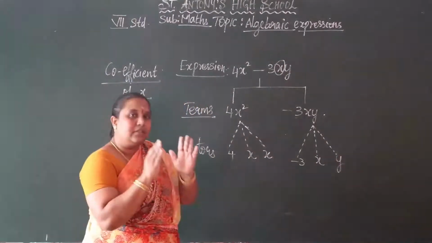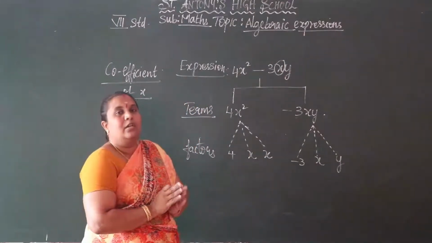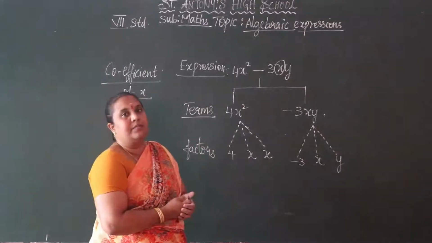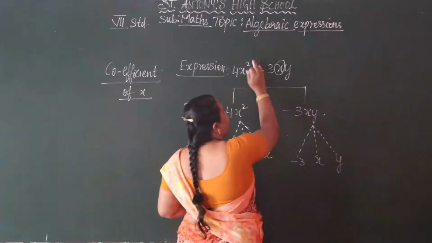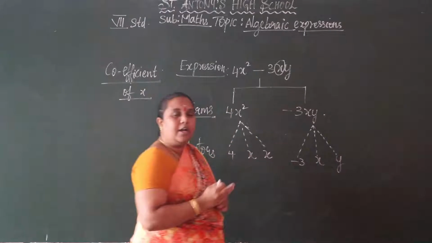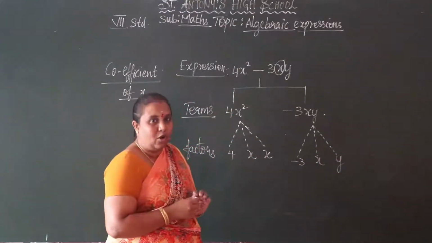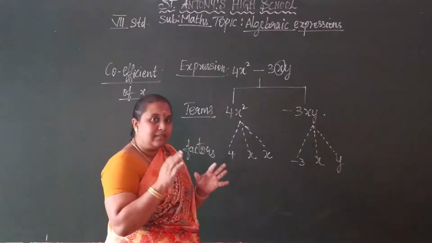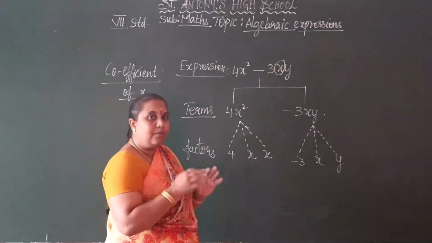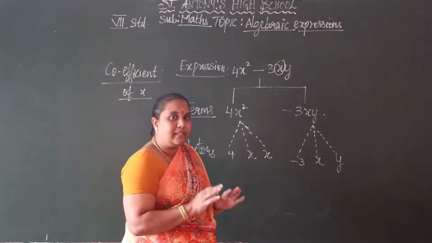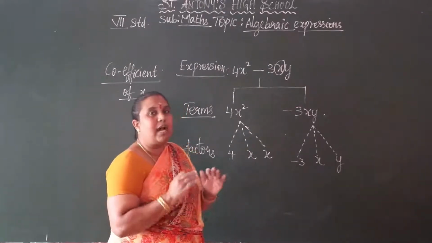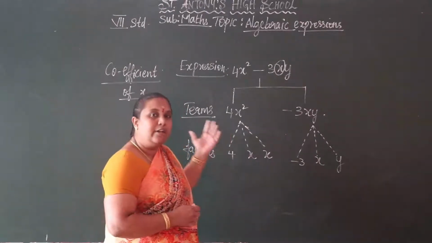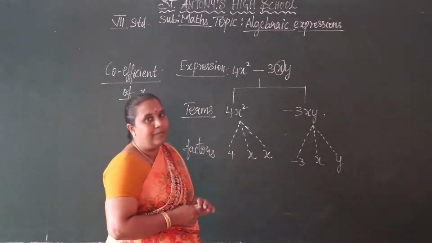Only take that term, don't go on to the other term. So don't write 4x square minus 3y as the coefficient of x. That is totally wrong. We take only the term which contains the variable x. Which terms have x, only those terms we take to write the coefficient of the given variable.